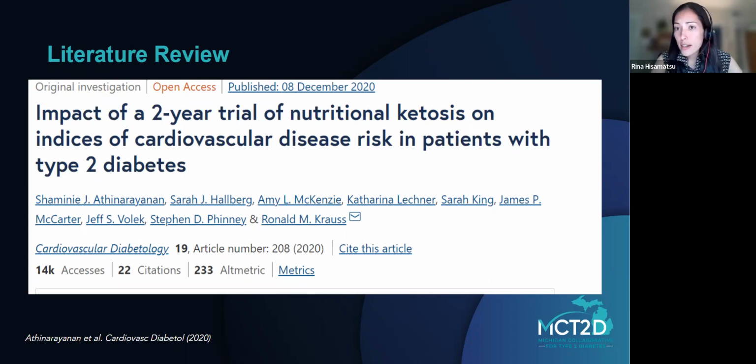This study looks at the impact of a very low carbohydrate meal plan on markers of risk for cardiovascular disease in patients with type 2 diabetes. I thought this was an interesting study to look at because we receive a lot of questions about concerns around LDL cholesterol. This study was conducted in collaboration with Virta Health.